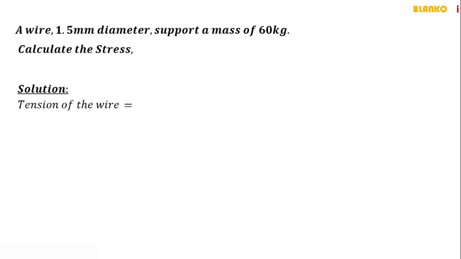That is the mass multiplied by the gravitational force, or the force of gravity. So we first find the tension of the wire, or the force, and that is given by the mass times the force of gravity.